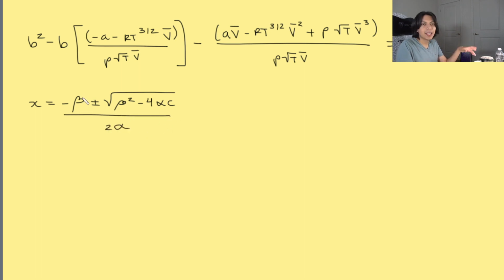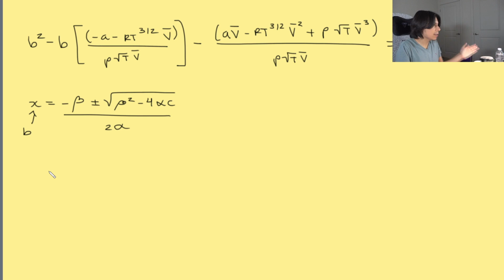And it usually goes negative b plus or minus the square root of b squared minus 4ac over 2a. The only reason I'm using beta is because we're trying to solve for b, and b is actually the x right here in this definition, right? So I'm just not trying to confuse y'all and myself, so I'm just going to use beta for b, which is understood for the quadratic formula.